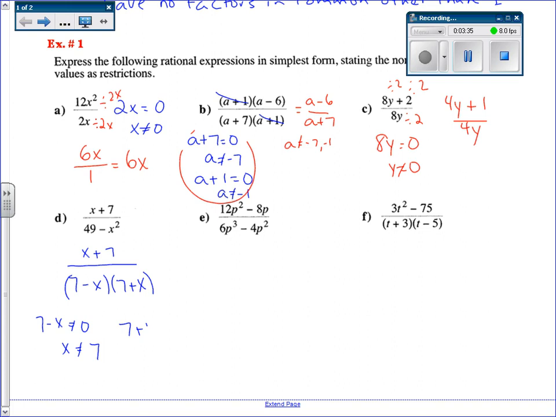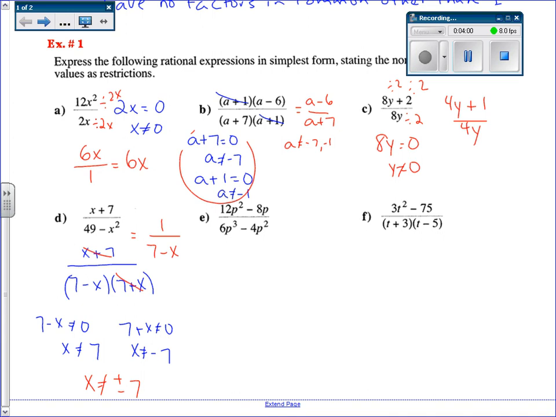And 7 plus x cannot equal 0, so x cannot equal negative 7. And then if we look at this, the factors we have in common here are x plus 7 and x plus 7. So this becomes 1 over 7 minus x. And you can write this as x cannot equal positive or negative 7 if you want to simplify that.